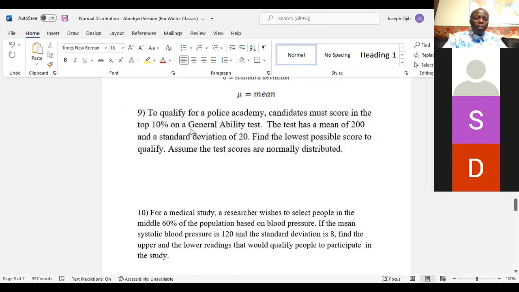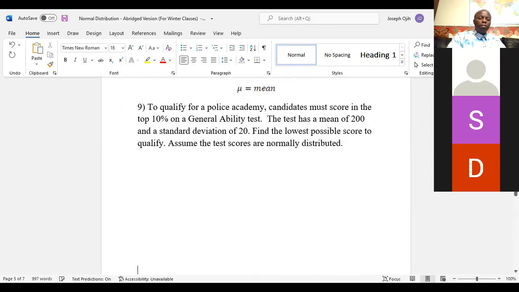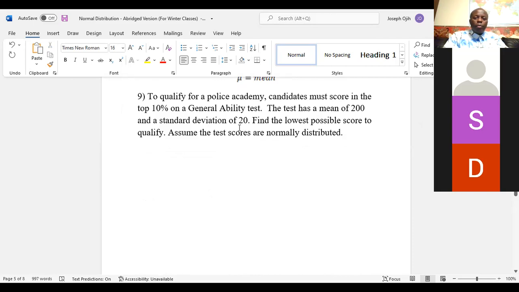Anyway, so to qualify for police academy, a candidate must score in the top 10% on a general test. The test has a mean of 200 and a standard deviation of 20. Find the lowest possible score to qualify. Assume that the test scores are normally distributed.